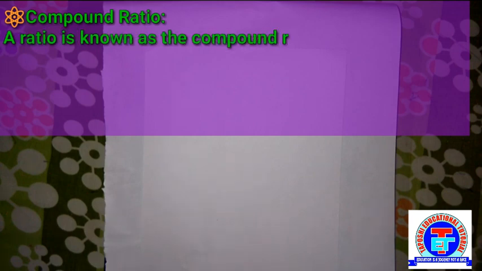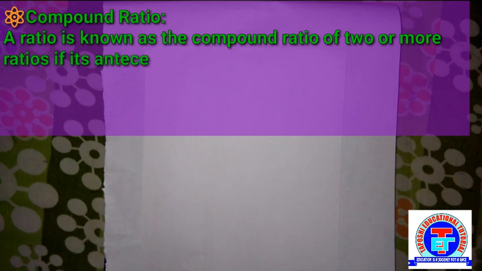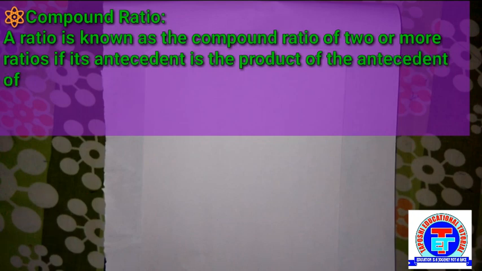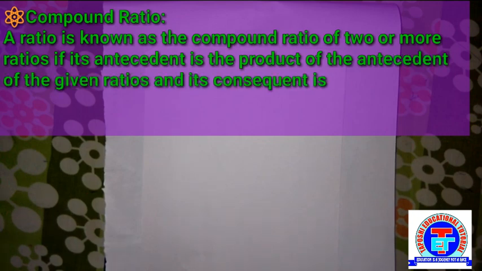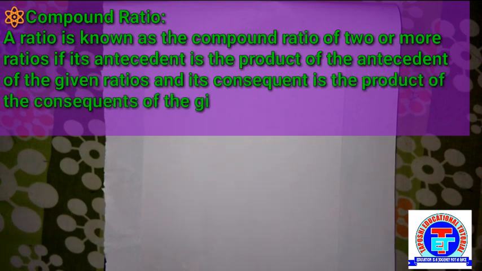Now the another part, the compound ratio, okay. So first of all, what is the compound ratio? A ratio is known as the compound ratio of two or more ratios if its antecedent is the product of the antecedents of the given ratios and its consequent is the product of the consequents of the given ratios.